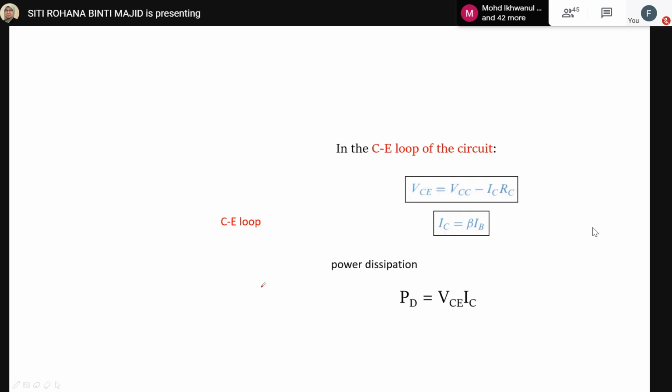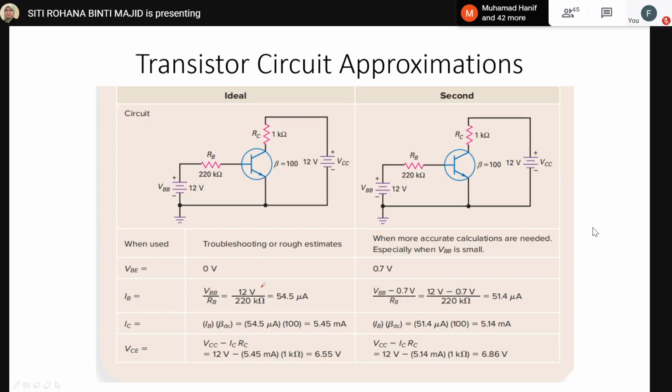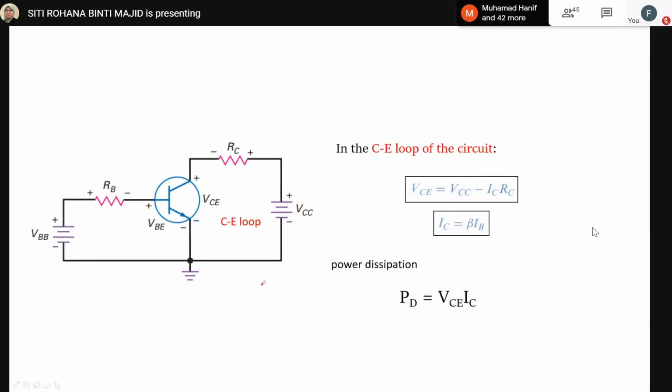Okay, now we will see the equation for the output circuit, which is the collector and emitter loop of the circuit with the same configuration.